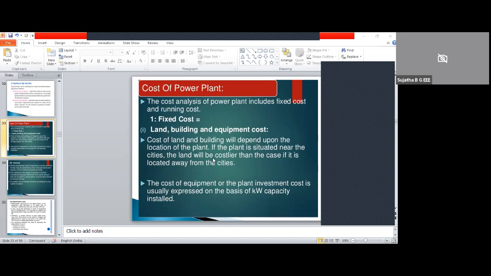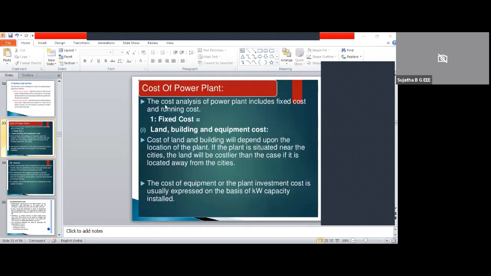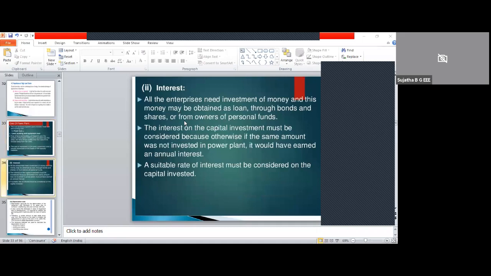Okay, then interest. Under fixed cost, the second one is interest. Interest on the capital investment, what you have done, also has to be considered. So this will be considered as fixed charge.